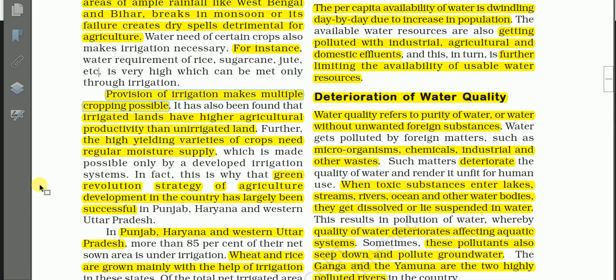And it has also been found that irrigated lands have higher agricultural productivity than unirrigated lands.